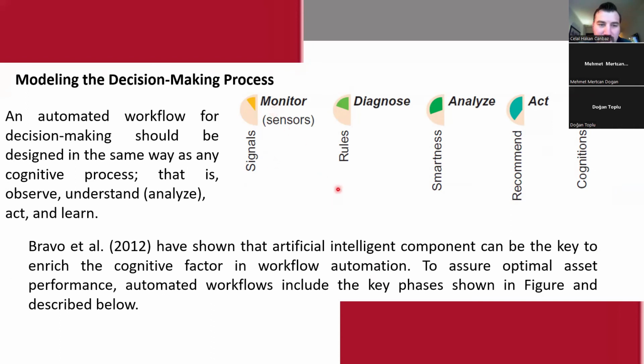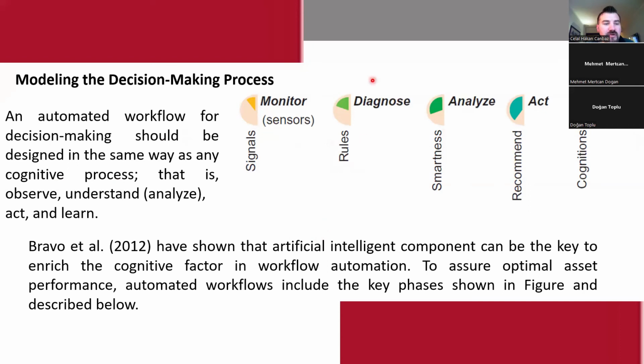You have the rules, and you have to diagnose them. You have the smartness: smart materials, smart sensors, smart tools. You have to analyze all these tools and other things coming from that. You have to get the recommendation, and you have to act on it. For the cognitions also, you have to learn the steps and the limitations and anything related to these tools. You have to learn and act according to that, all right?